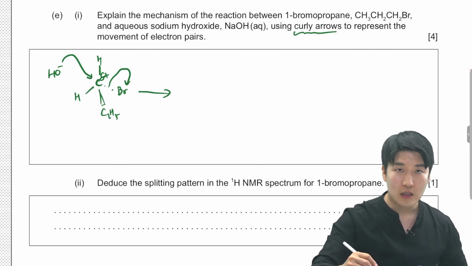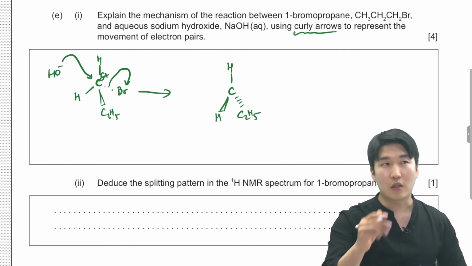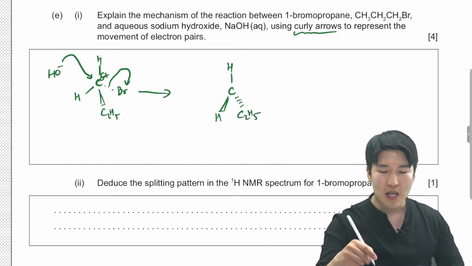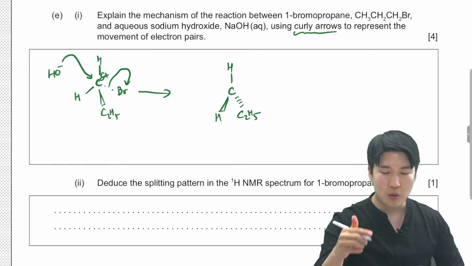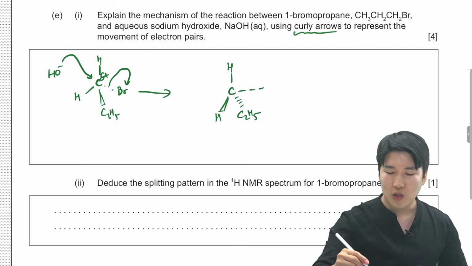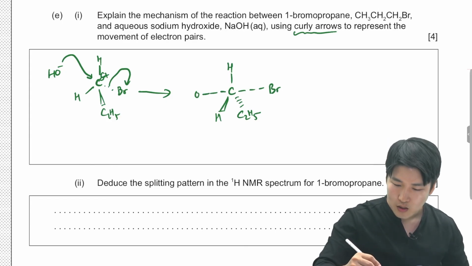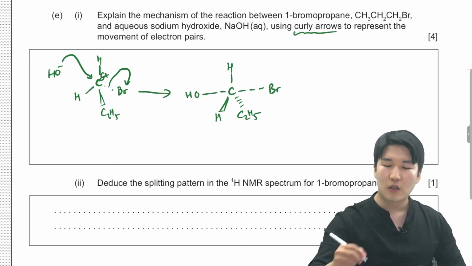This will lead to the formation of our transition state, where the transition state will have a planar hydrocarbon backbone that is partially bonded to the leaving group and partially bonded to the incoming nucleophile.